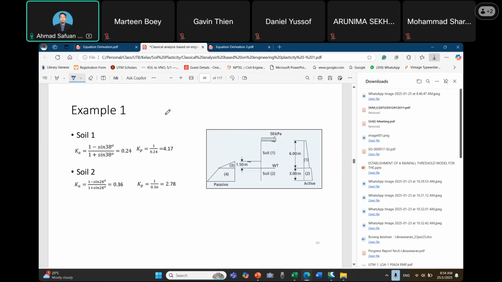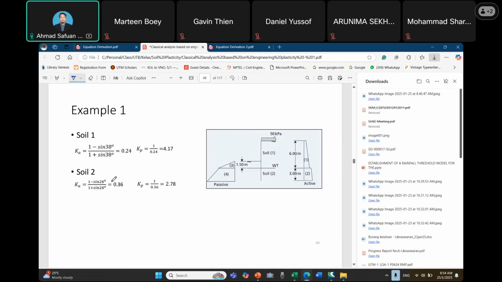Because if 1 minus 0.237, then we obtain 4.21. But we have used 0.24, so the value of the KP is 4.17.